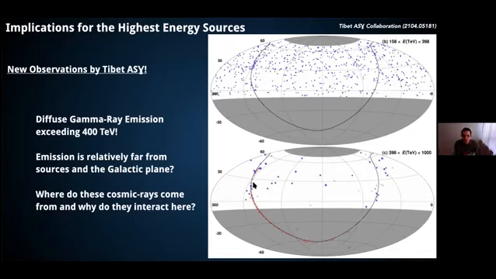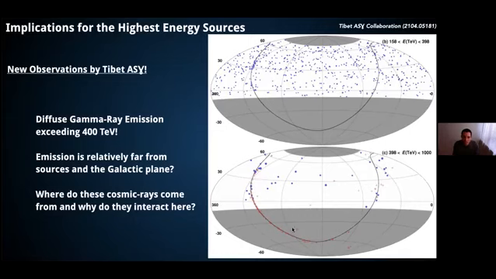What's producing them? Is it hadronic, in which case it's evidence of PeV proton acceleration within our galaxy? Is it the leptonic extension of these TeV halos, in which case it shows that electrons are accelerated to extremely high energies because they have to fight against the Klein-Nishina suppression of the cross-section to produce events at nearly 1,000 TeV?